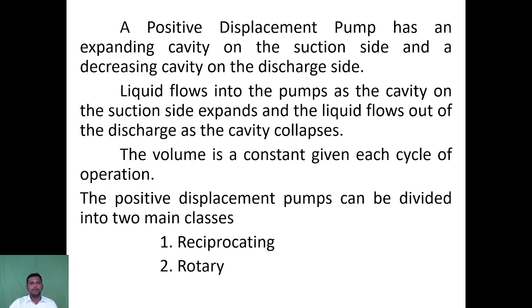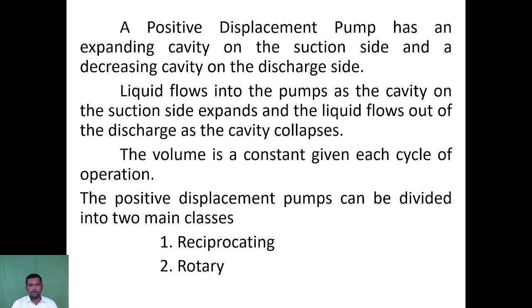Next, the positive displacement pump has an expanding cavity on the suction side and a decreasing cavity on the discharge side. Here, a liquid flows into the pump as the cavity on the suction side expands, and the liquid flows out of the discharge as the cavity collapses. So it has a cavity. When the liquid enters the pump, the cavity expands.